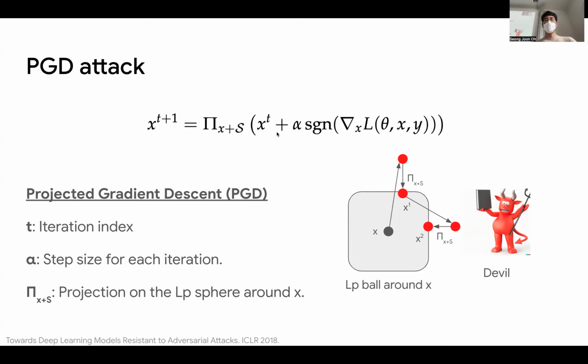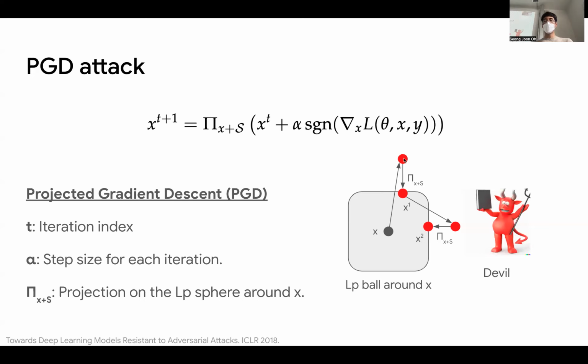So you first apply it to the original image and then do projection onto the LP ball. Why do we do that? Because if you do this multiple times, then your solution can go beyond the LP ball, and whenever it goes beyond the LP ball, you want to project it back.